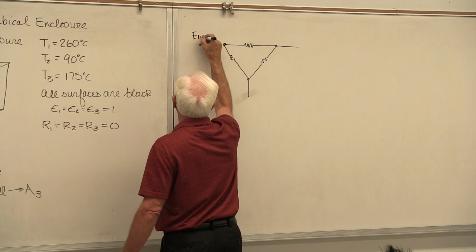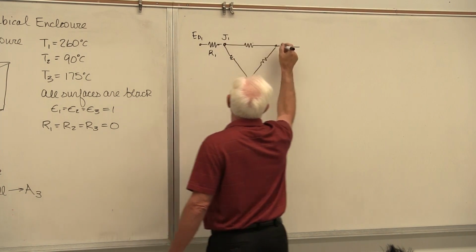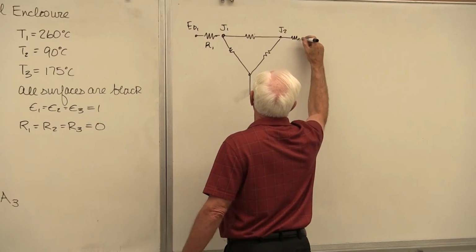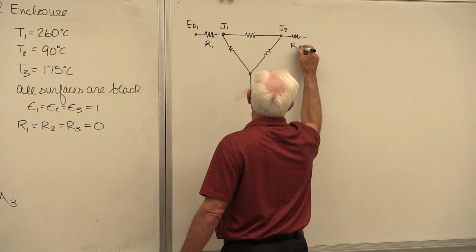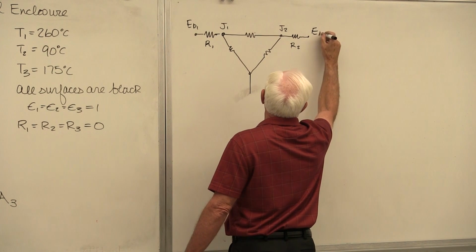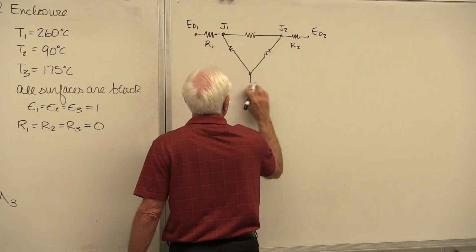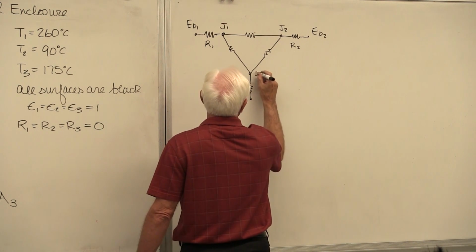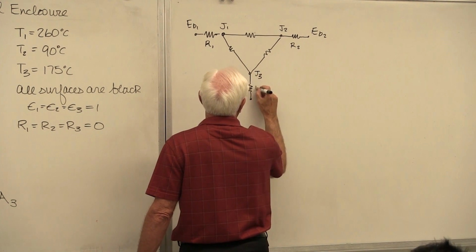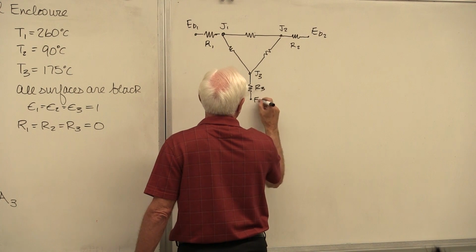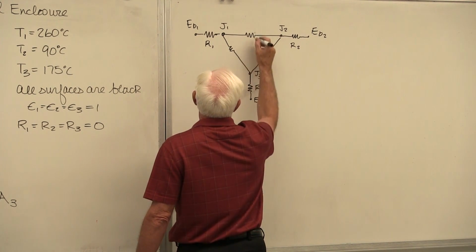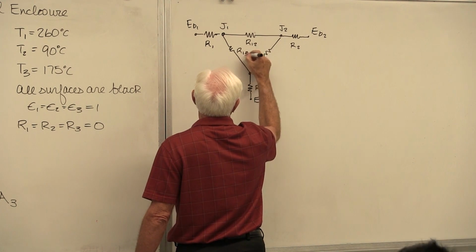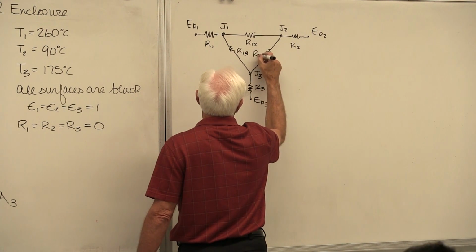This is EB1, J1, J2, R2. We'll make it a big problem, and then we'll reduce it to a smaller problem. J3, R3, and the space resistances 1-2, 1-3, 3-2.